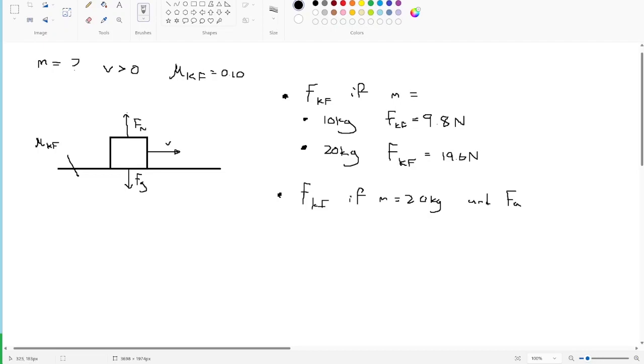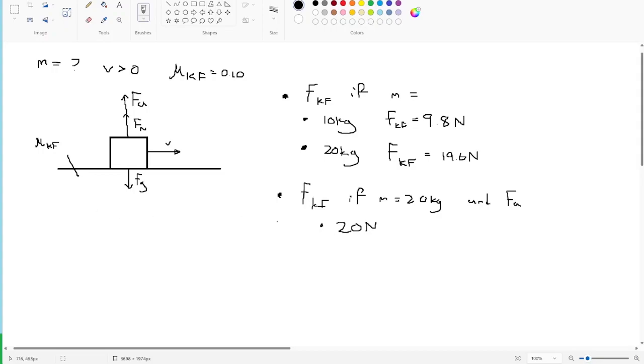We apply it in this direction, force A. Let's say that the force A is equal to 10 newtons. Actually, no, 20 newtons. Let's make it 20 newtons. What then is the force of kinetic friction?